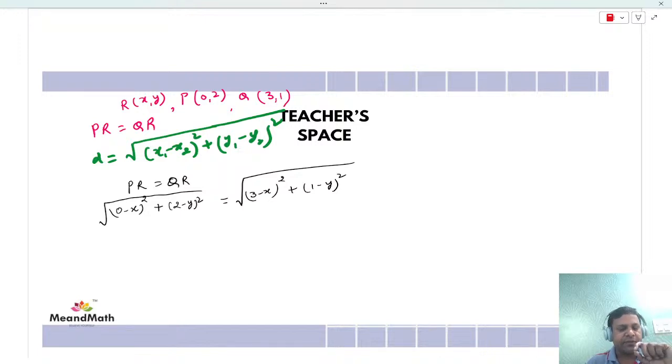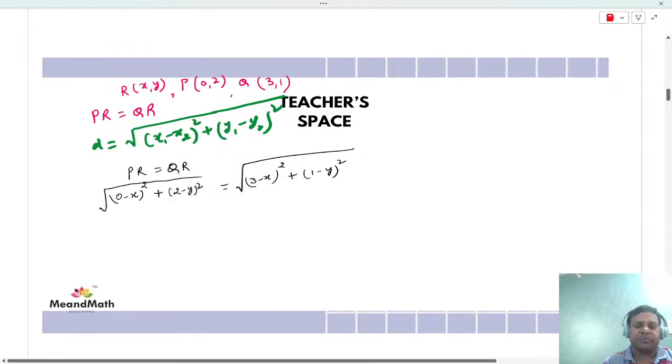Now PR is equal to QR is given in the question. We use the distance formula to find the distance between two coordinates, the square root of (x minus x2) whole square plus (y minus y2) whole square. So we have used this formula and written the expression.